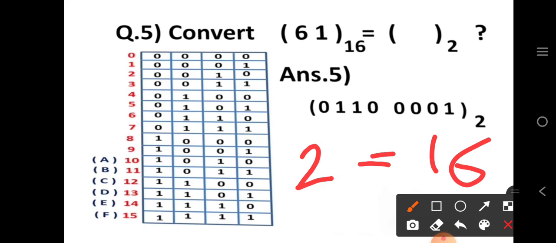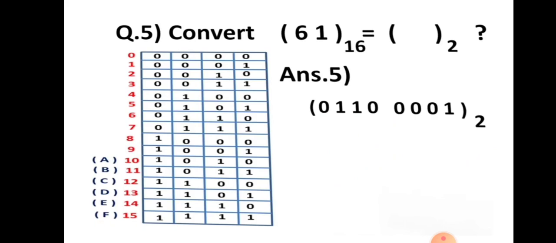When we want 16, we have to give a power of 4 to 2, so we get 16. Just remember this power of 2. It means we need a table with 4 columns. In this figure we can see a table of 4 columns, which has a total of 16 rows. We are converting hexadecimal to binary and binary to hexadecimal.